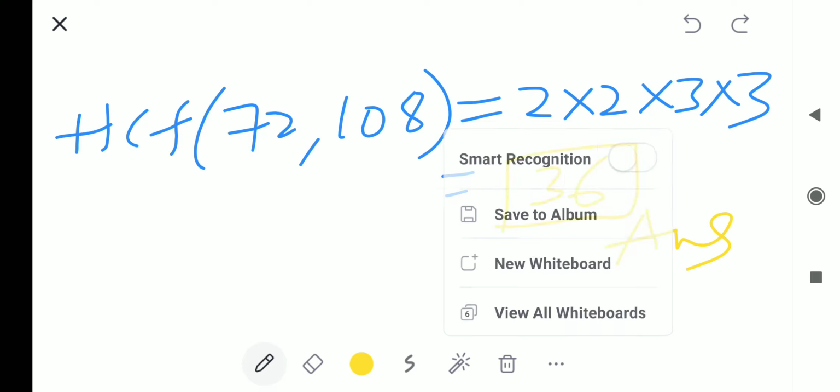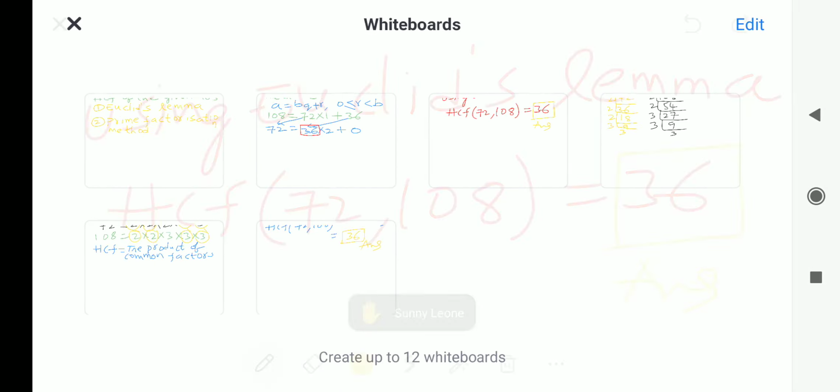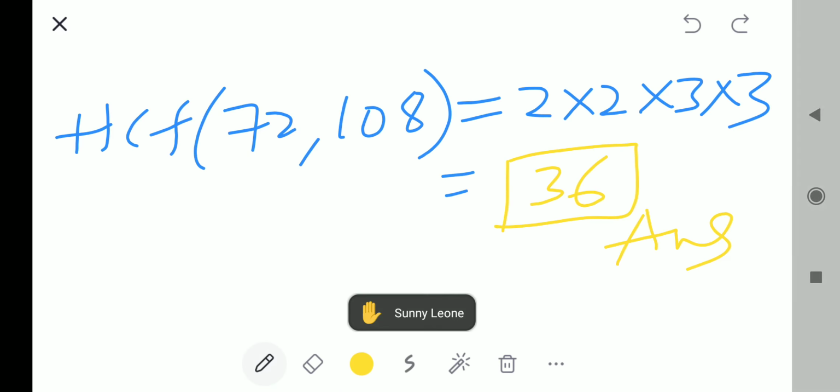And you can see the same answer we got using Euclid's lemma also. So this is the end of the problem, children. This way we can find the HCF of any given numbers using Euclid's lemma as well as prime factorization method.